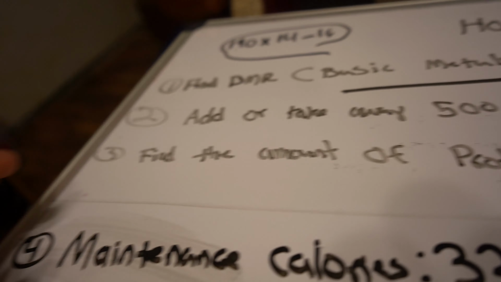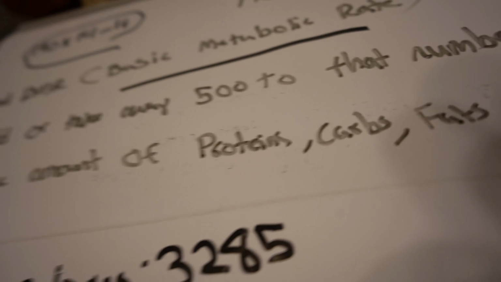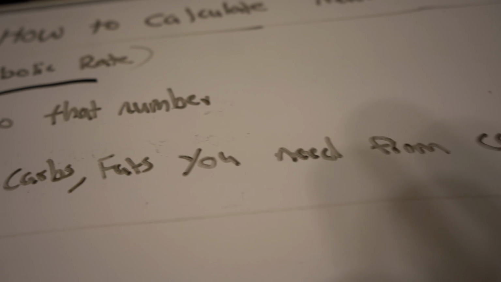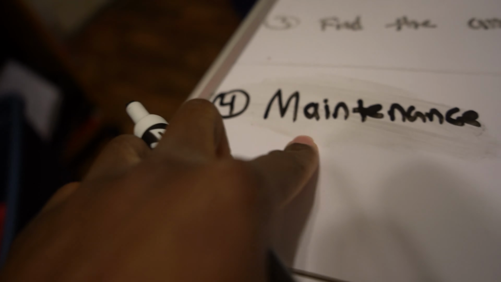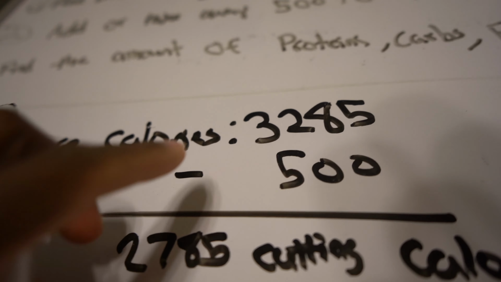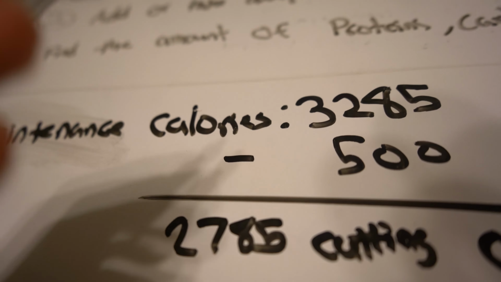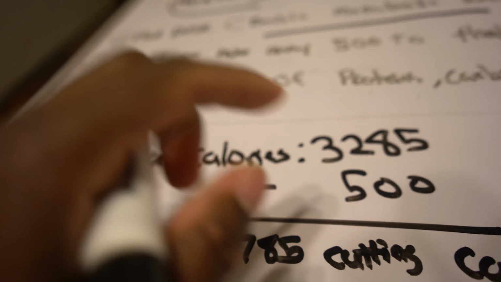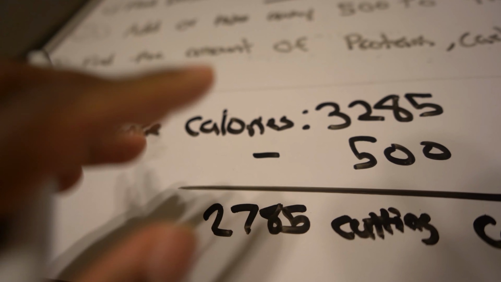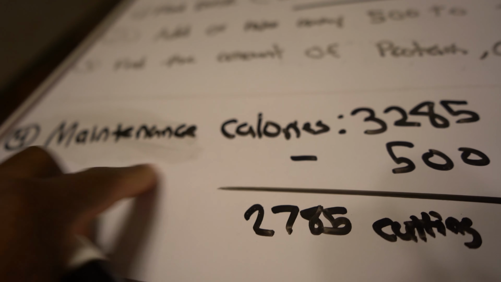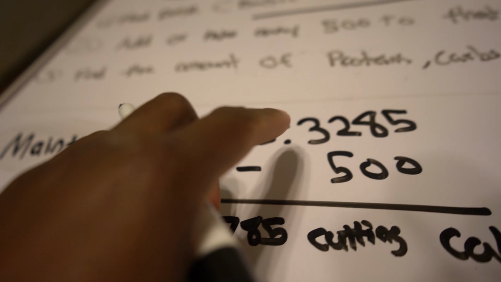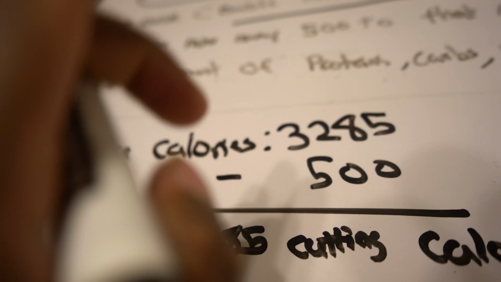Alright, so after you do that, you need to find the amount of protein, carbs, and fats that you need from within those calories. So, look, number 4, you found your maintenance calories. These are numbers I already did for a client I'm working with right now, so I'm going to use his numbers just for time's sake. These were his maintenance calories: 3,285.